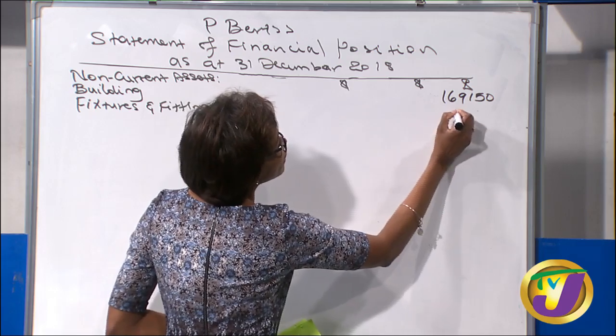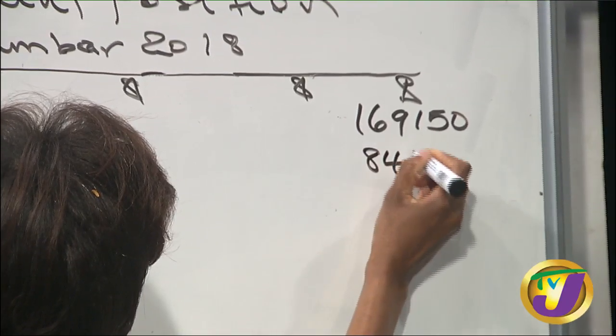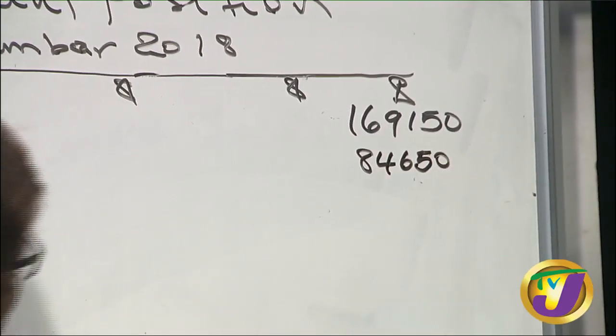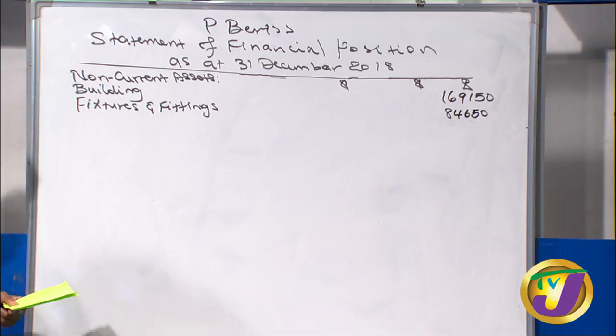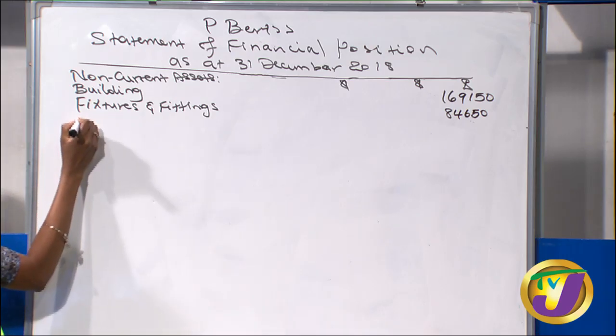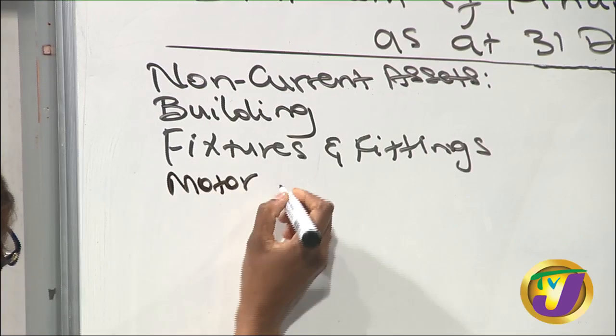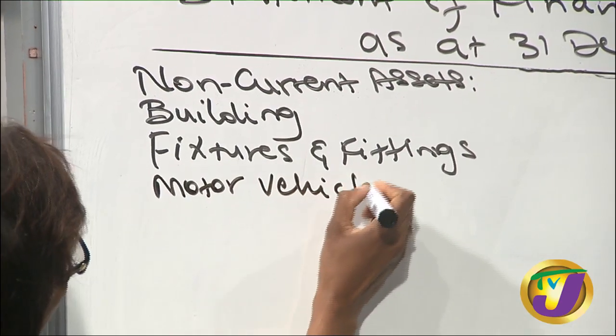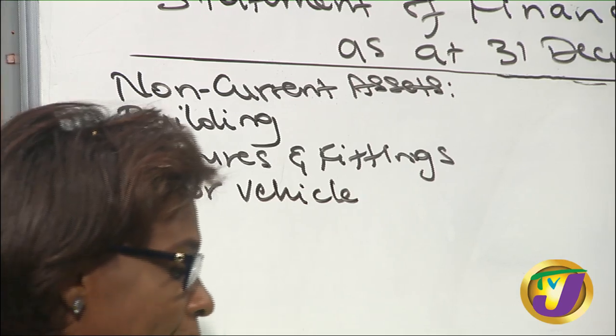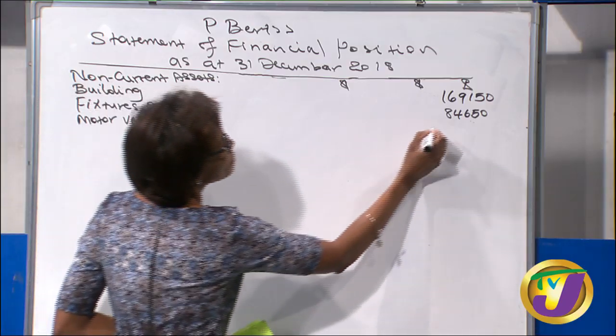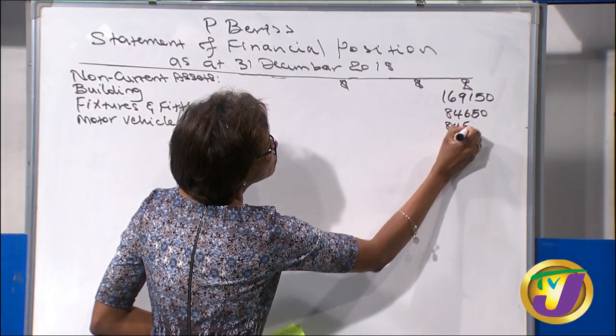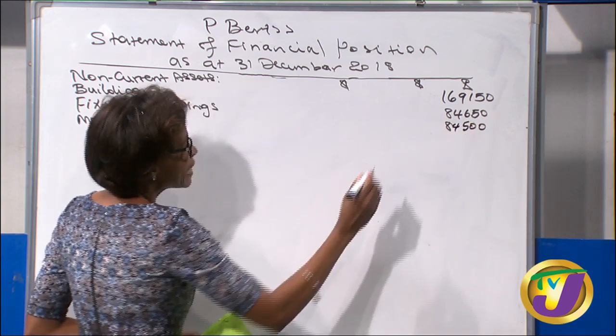And the value of our fixtures and fittings, 84,650, we put it there. And the next non-current asset is our motor vehicle, and its value is 84,500.